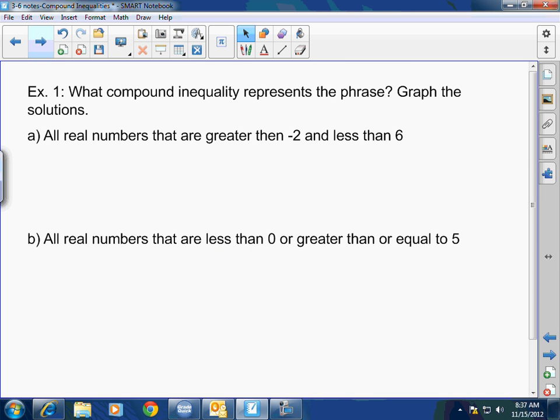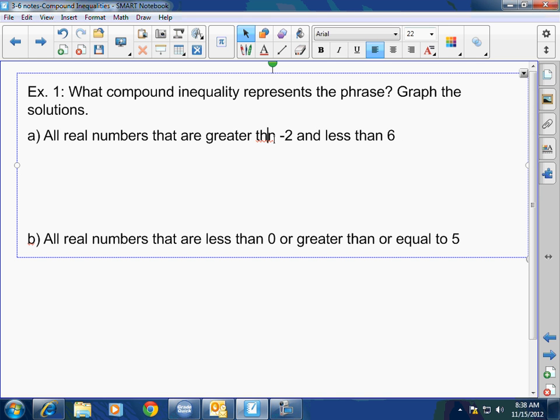Now, let's get to it. What compound inequality represents the phrase, graph the solutions: all real numbers that are greater, not greater than or equal to, but greater than negative 2 and less than 6. So how would I do that?